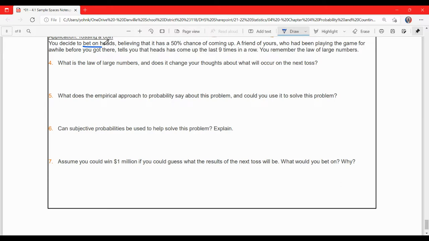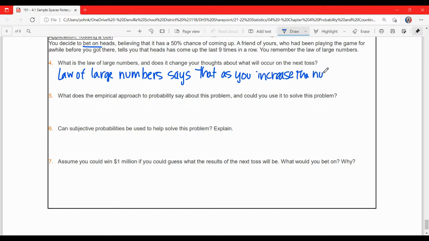What is the law of large numbers, and does it change your thoughts about what will occur on the next toss? So remember, the law of large numbers says that as you increase the number of trials, the overall probability approaches the theoretical probability.